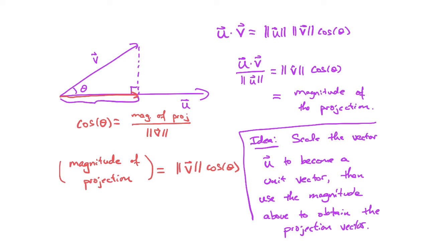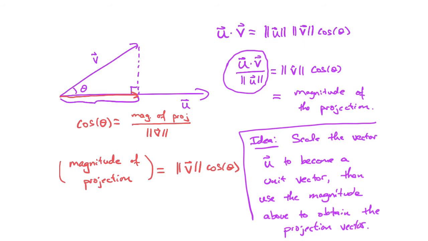After all, the projection vector is going to be in the same direction as u, because that was our original question: how much of v is in the direction of u. So we're taking our vector u, turning it into a unit vector, and then scaling it back up to the magnitude we need for our projection.